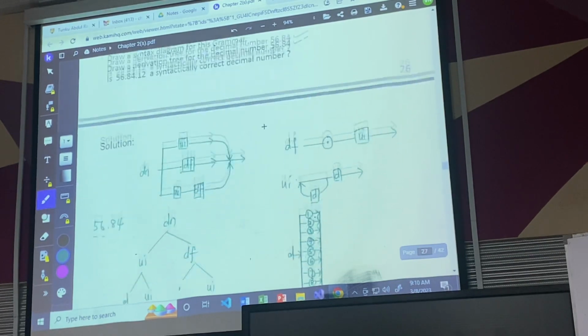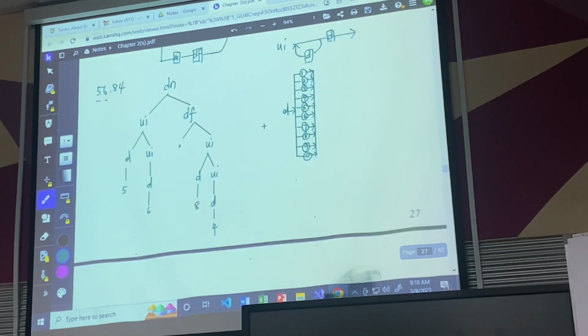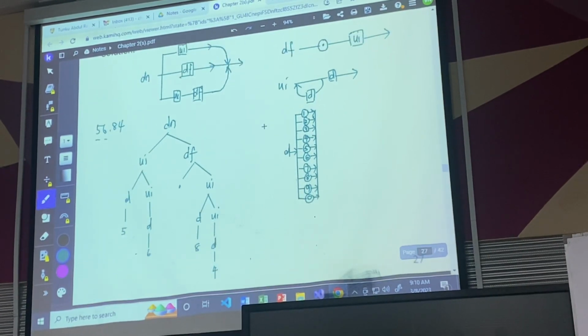No. Why? What is the reason we say not syntactically correct? Every time you need to justify your answer when you say yes or no, right?